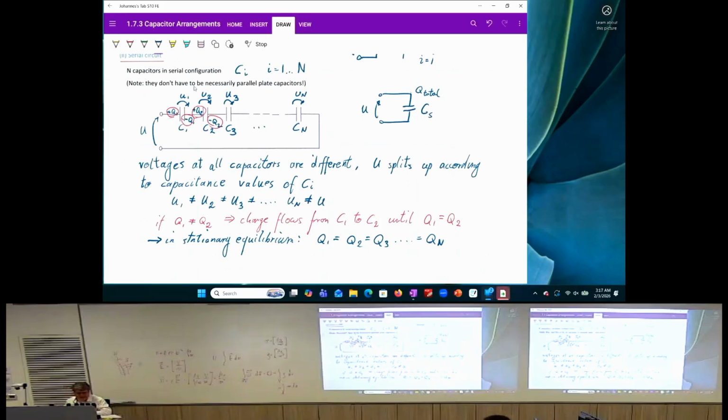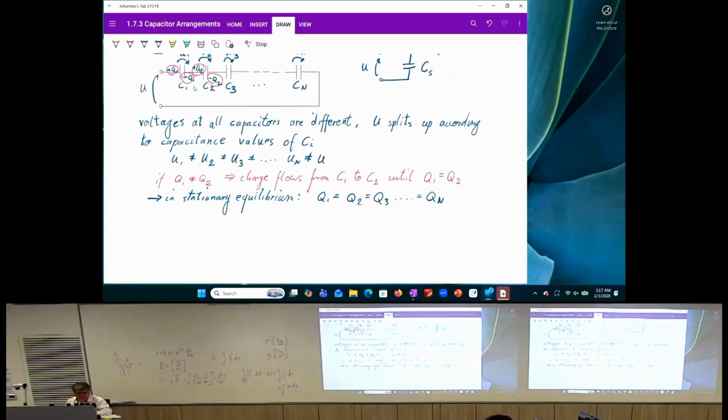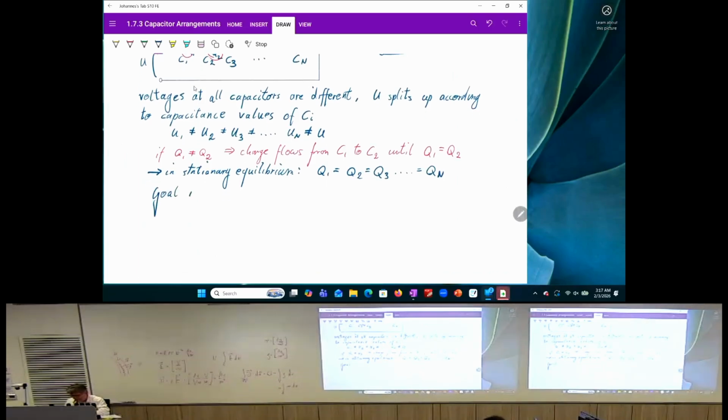So CS should be a single capacitance which has equivalent property to the serial configuration of this multitude of n capacitors. Our goal is to derive a formula for CS, and that, of course, is given by the total charge over U. This is what we're looking for.